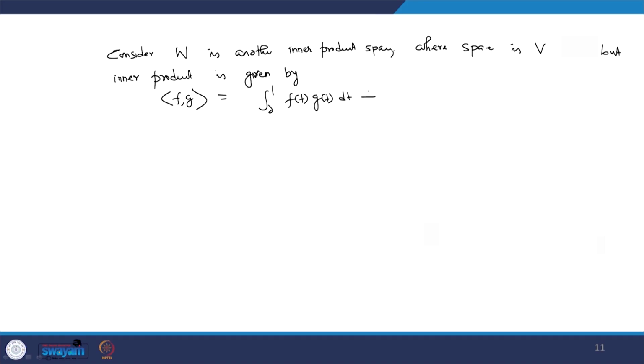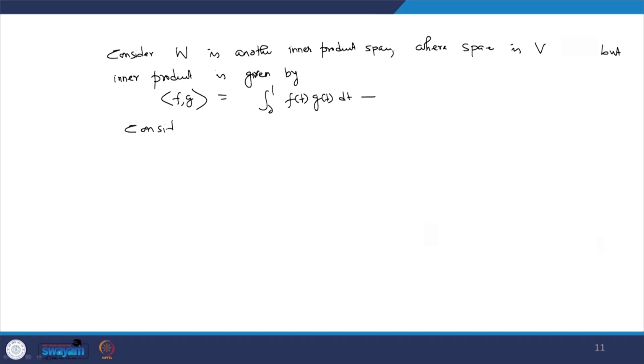This is my inner product in W. I mean to say W is also the space of all real valued continuous functions defined over the unit interval 0 to 1, but equipped with the standard inner product over that space, that is integration of 0 to 1 f(t) g(t) dt.